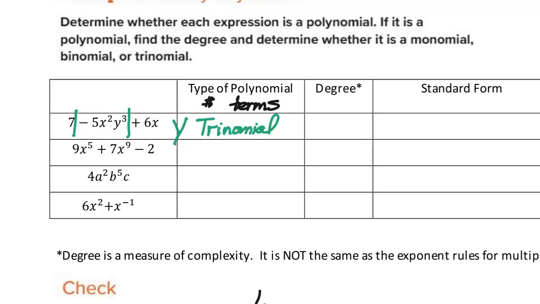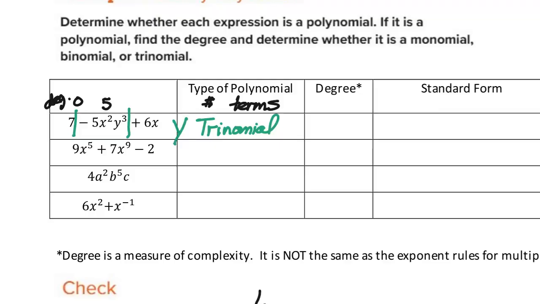And for a trinomial, you have to find the largest degree on each individual monomial. So what is the degree of 7? 0. It's a constant, it's 0. It's just the variables. What's the degree of the second term? 5.